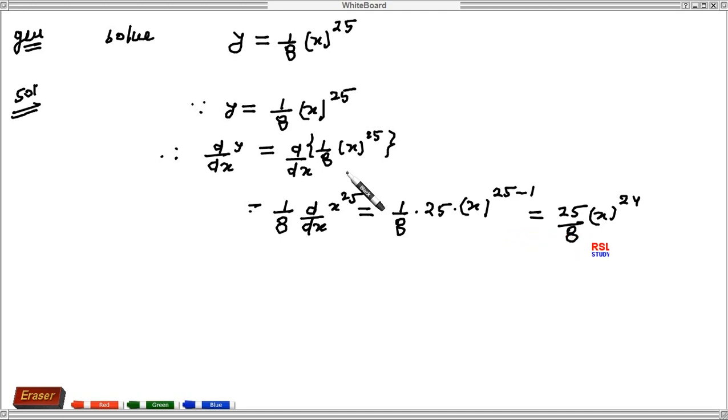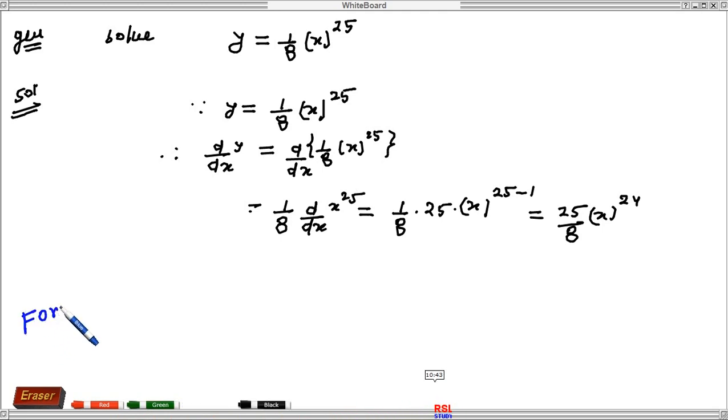Since you have solved so many questions and have practiced so far, you need not write d/dx of x, just leave it. That is the answer. Now moving to the next question.